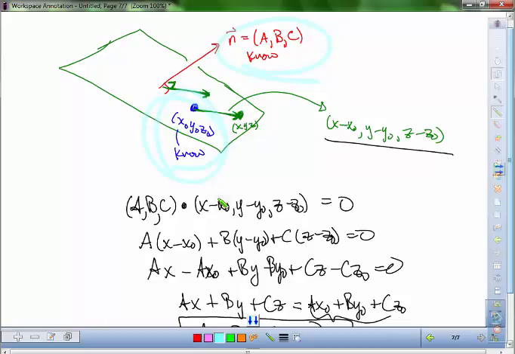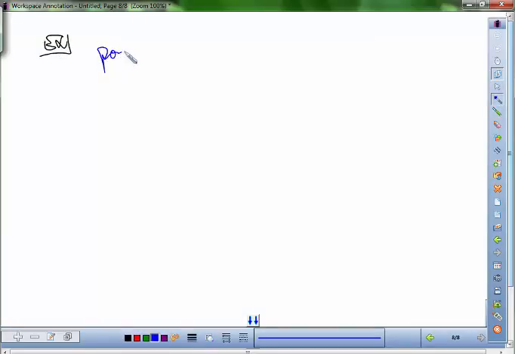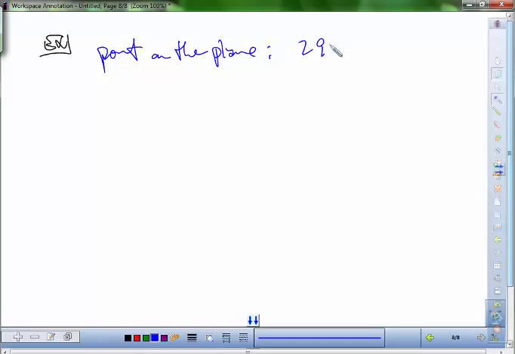Suppose you want an example. So let's do an example. Give me a point. Give me a normal vector.